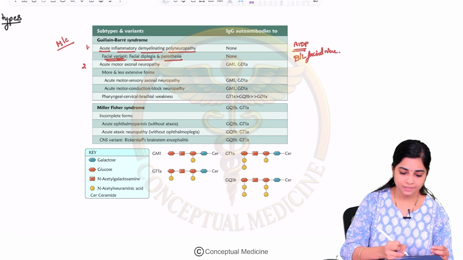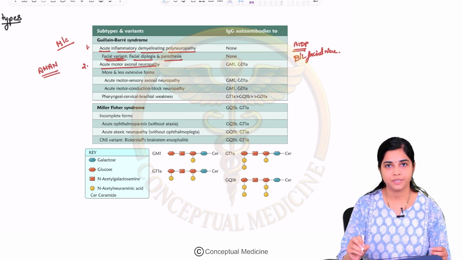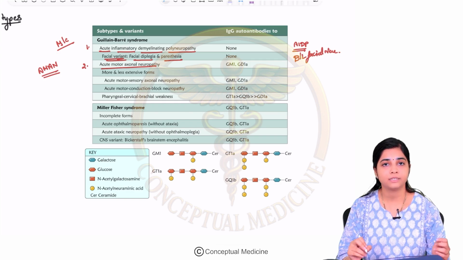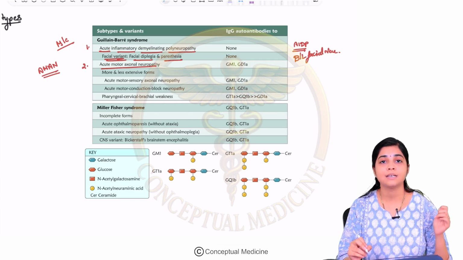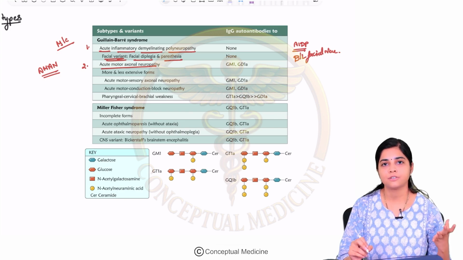The second variant is your AMAN variant, which is your acute motor axonal neuropathy, right? Though we have understood that GB syndrome predominantly has demyelinating features as its immunopathogenesis, over the course of time this demyelination can also cause destruction of the axons.